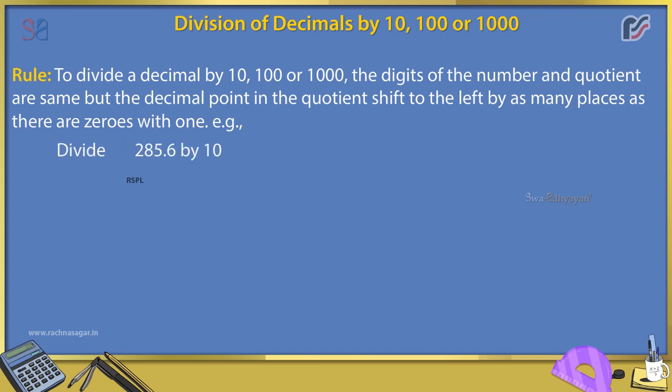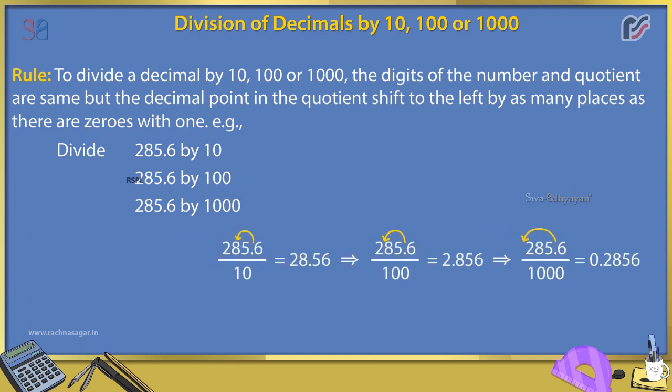Example: divide 285.6 by 10, 285.6 by 100, 285.6 by 1000. 285.6 by 10 is equal to 28.56. This implies that 285.6 by 100 is equal to 2.856. This implies that 285.6 by 1000 is equal to 0.2856.